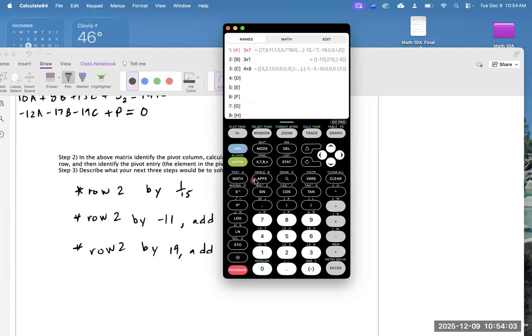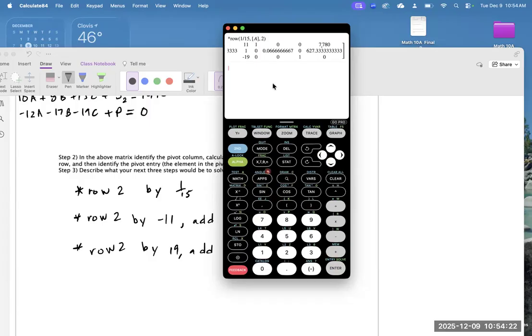So go second matrix. Names is highlighted at the top. I just want to name it, I don't want to do anything else to it. And I want to multiply row 2 by that value, so I press row 2 and then press enter. And there we go.